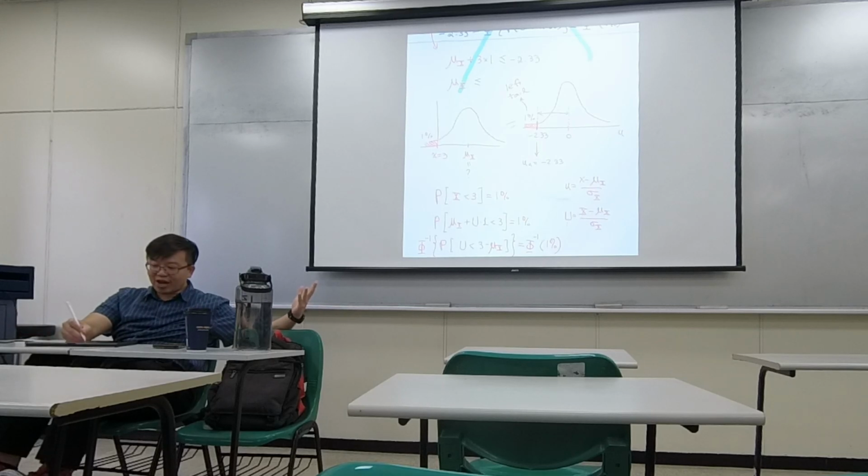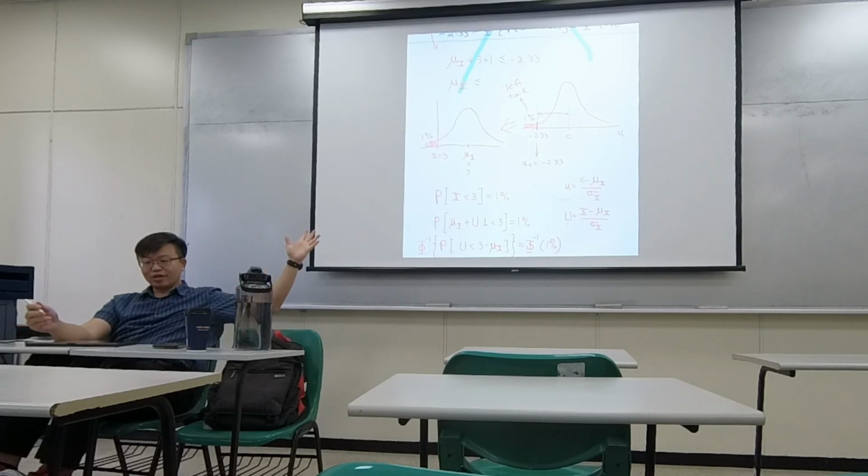So if I convert back to the original problem, I want to move my mean value from 3 toward the right, so the left tail becomes smaller and reaches 1%.